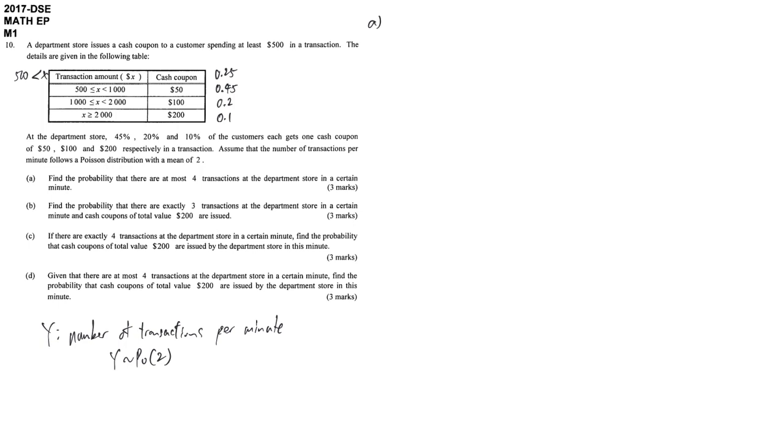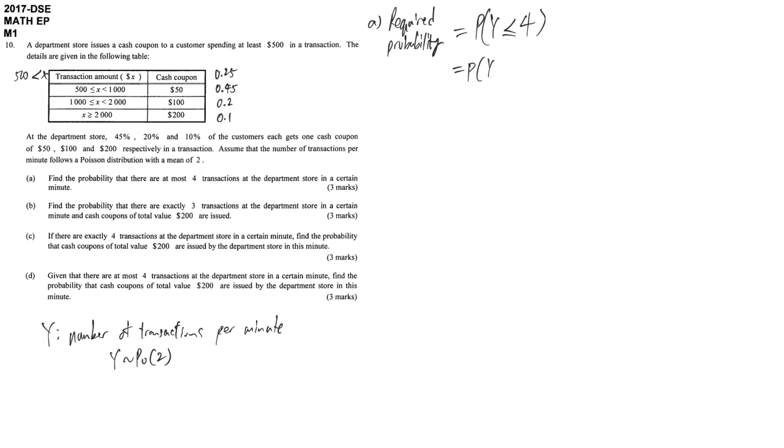In part A, the required probability is equal to P(Y at most 4). That means smaller than 4 or equal to 4. Again, double confirm with the wording. At most here, do we accept the equal case? In this case, we accept it. So we break it down.